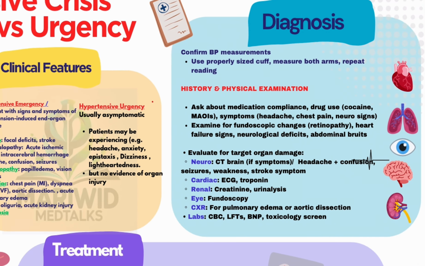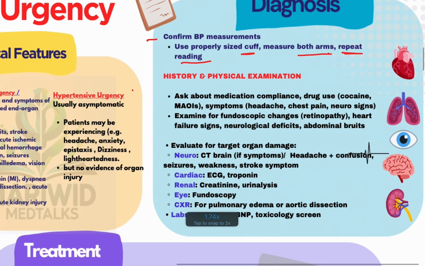Okay. How to diagnose hypertensive crisis? First, you have to confirm the blood pressure measurement by using a properly sized cuff, measuring at both arms, and repeating readings. Then you have to take a detailed history and do a physical examination.